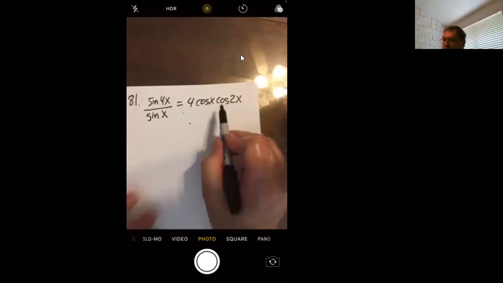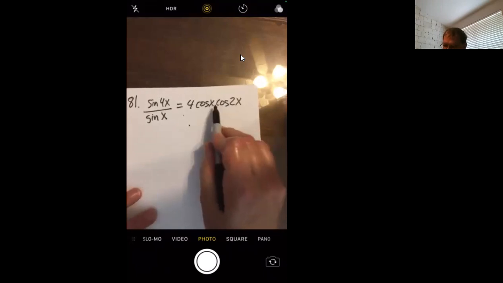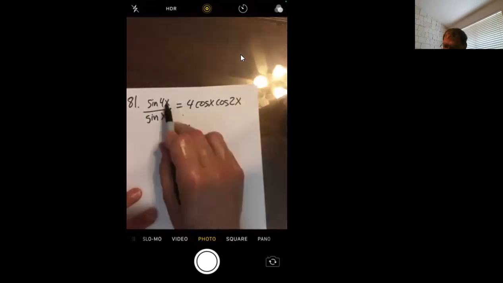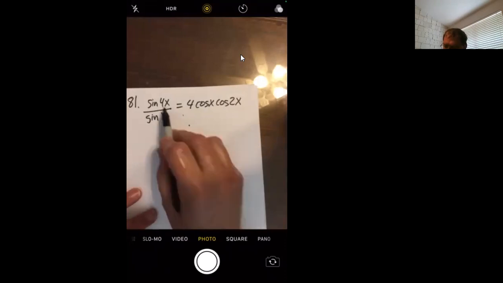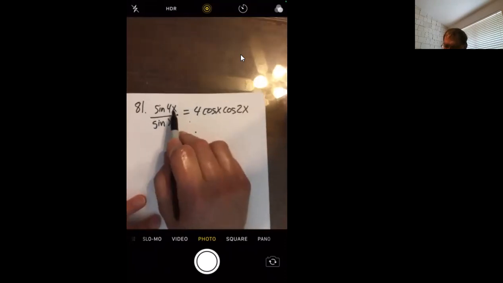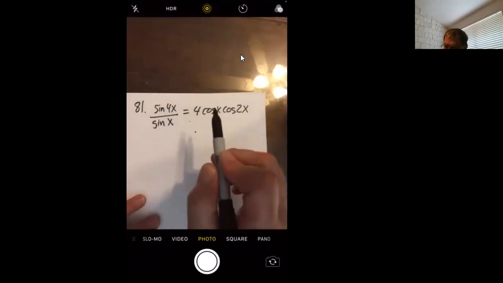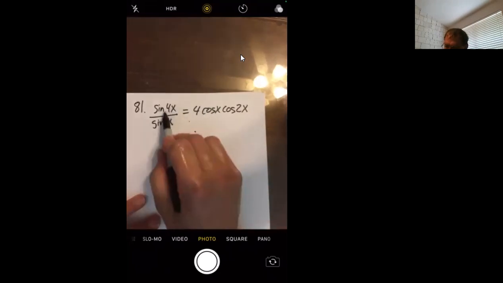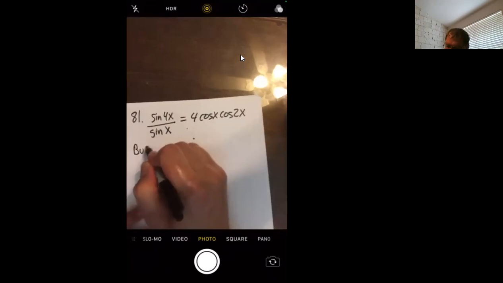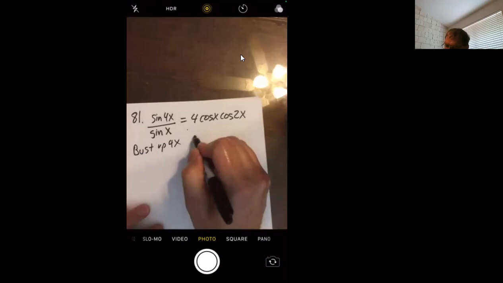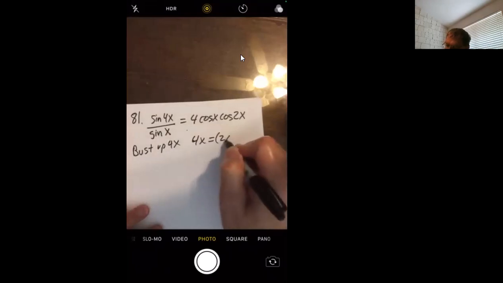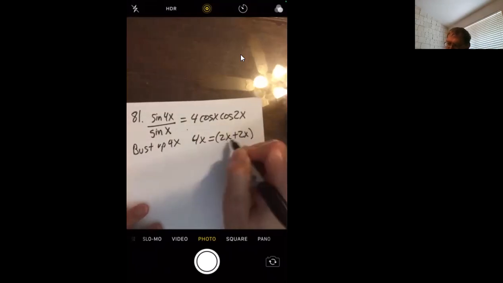Now that's a product of cosines, and I don't think you're going to turn it into a quotient. There's no formulas for sine of 4x. But what you can do is bust up 4x, say 4x equals 2x plus 2x, and then use your formulas.